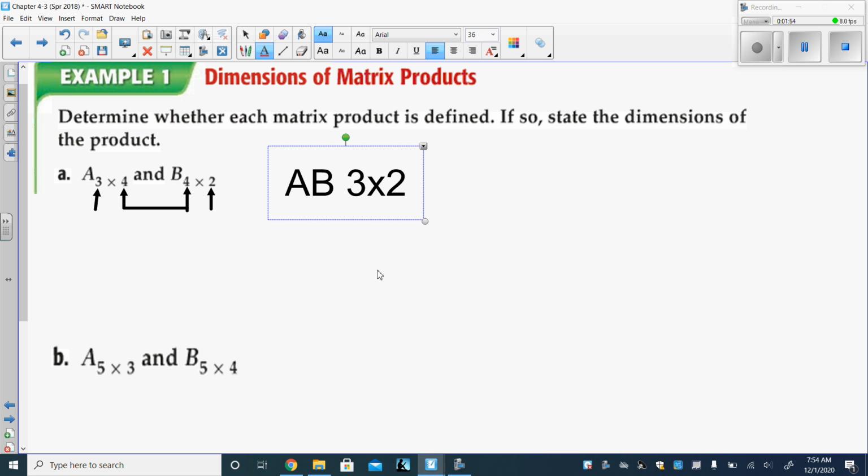We're not actually multiplying anything. We're just determining whether or not we can multiply them together. So I can do A times B. Now, could I do B times A?